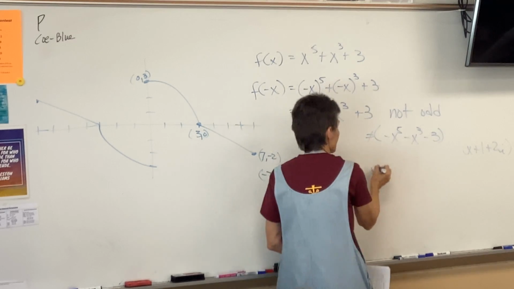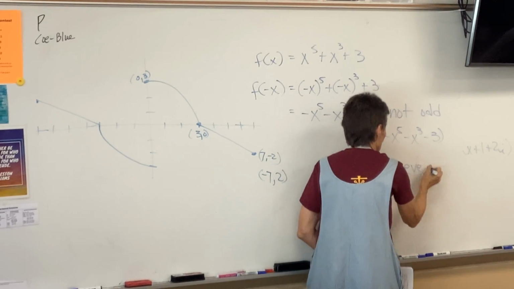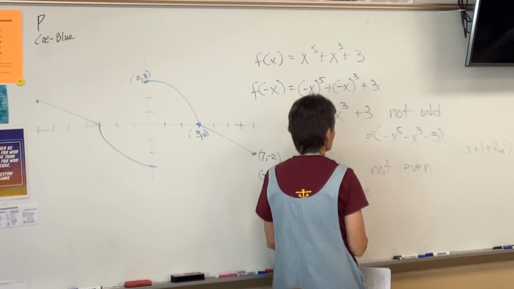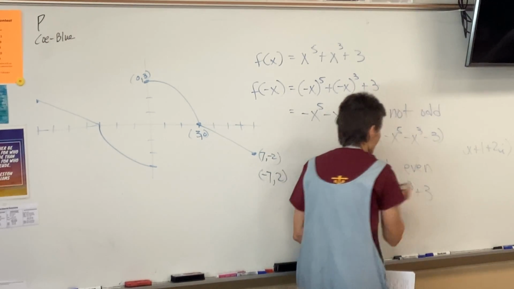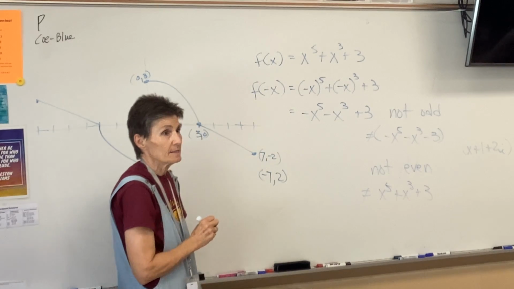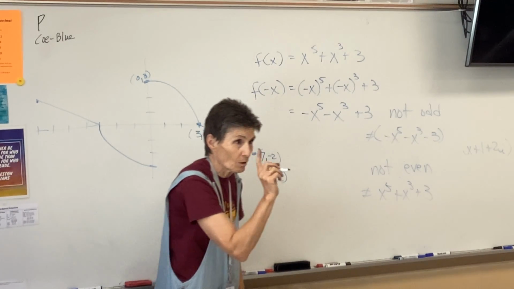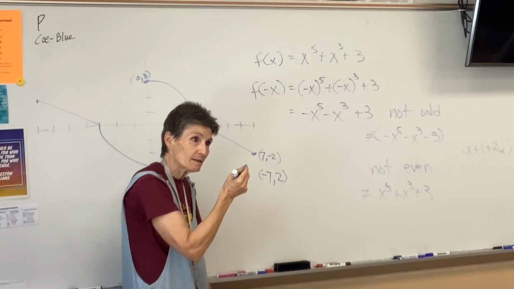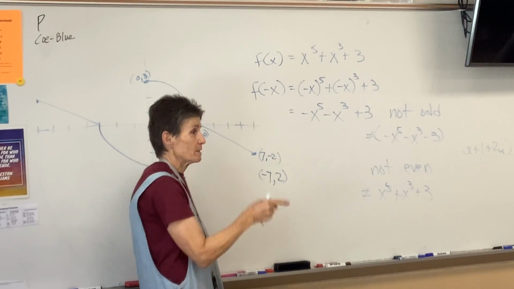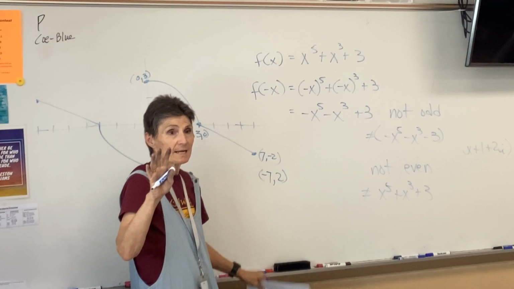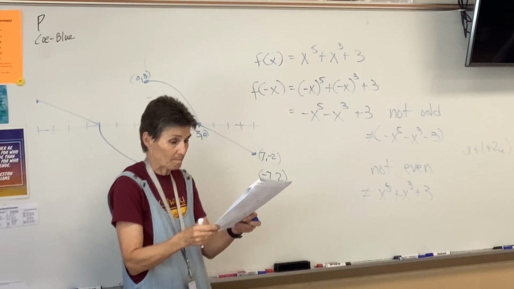I'm also going to say it's not even. Because it's not the original problem. So this one is a neither. Remember, if you're odd, you plug in negative x and get the exact opposite of what you started with. If you're even, you plug in negative x and get the same thing you started with.